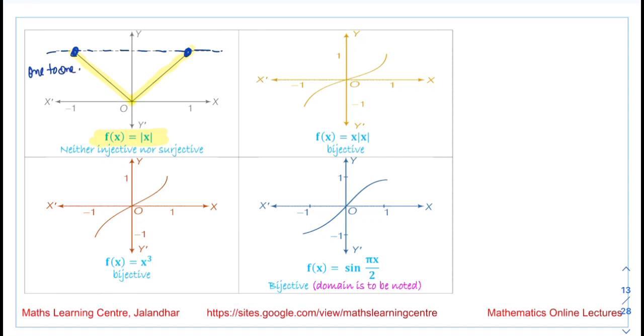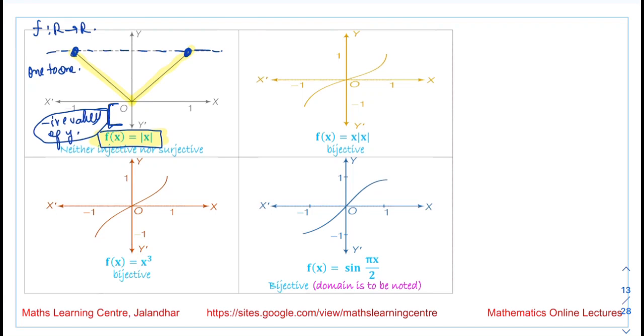Now the second thing we have is, if we are talking about this function f(x) = |x|, and we are writing that this function is defined from R to R, then for negative values of y, there is no pre-image present.